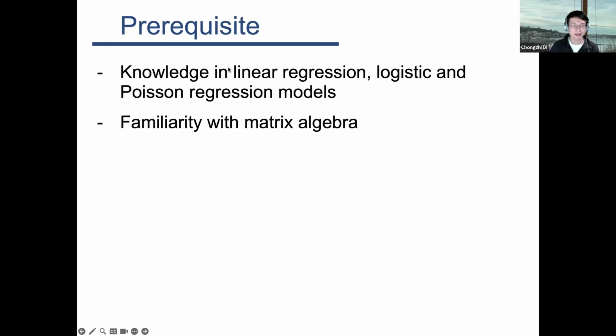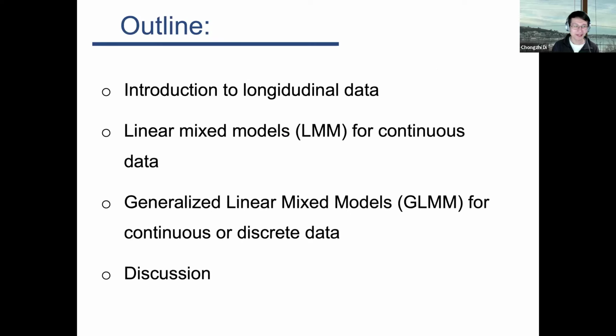The models you are more familiar with are typically used in settings where you have independent samples. But in this workshop, we'll see how to extend those models to correlated data in longitudinal studies. I will also assume some familiarity with matrix algebra, as I'll be showing some formulas, not very complicated ones, to help understand the models.